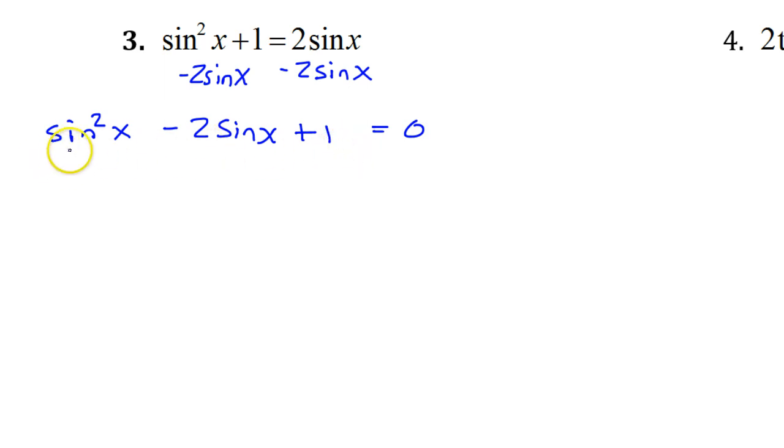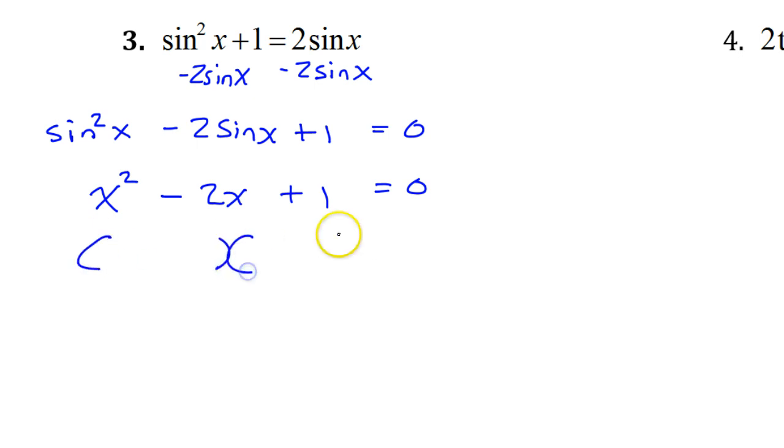So this is a trinomial, and when you look at this, you should be thinking of good old polynomials like this: x squared minus 2x plus 1 is equal to 0. Because if we were solving an equation like this, we would factor, and we would say, well, x squared, that's x times x. 1 can only be 1 times 1.